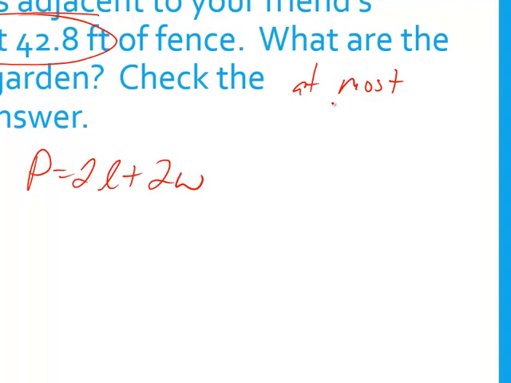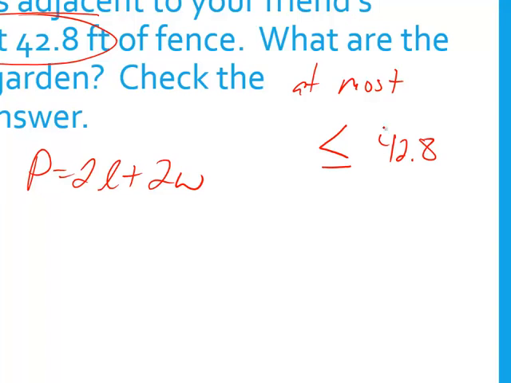If you have at most 42.8, you can't have more than that. Okay, so it cannot be a more than inequality. And you can't have more than, but that means you can have less than. So it'll be a less than inequality. And you can still have 42.8 feet. That's the max you can have. You can't have more than that, but you can have less than or equal to 42.8.